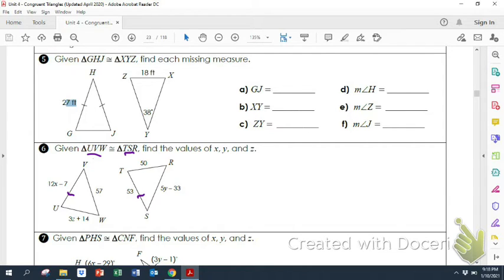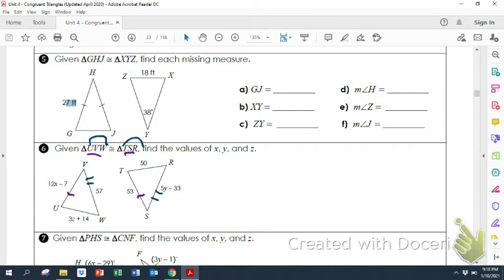And we can figure out from the congruency statement that VW corresponds to SR. And finally, we know that UW, because that's taking the first one and the last one, corresponds to TR.